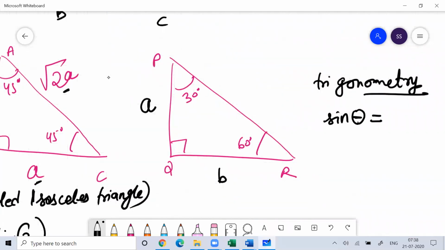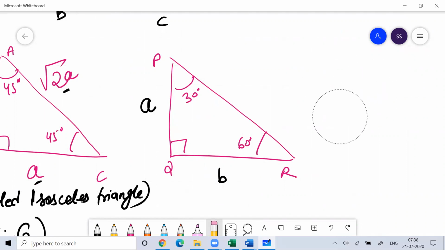If you use them here to represent the angle, we should know a few values.